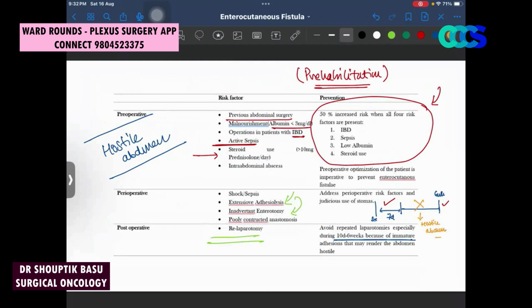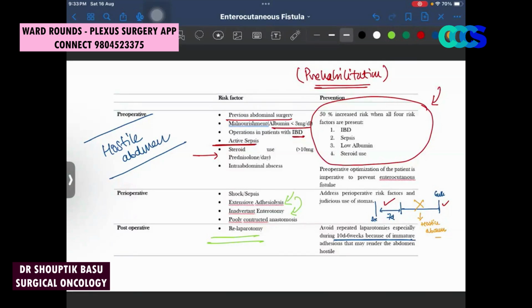Okay. So I remember very recently, you might end up having cases where people ask you to kindly do this case. One case came to me from ESI Medical College, and that gentleman underwent a Hartmann's for rectal cancer. Of course, you don't do Hartmann's in primary rectal cancer nowadays unless there is an obstruction.